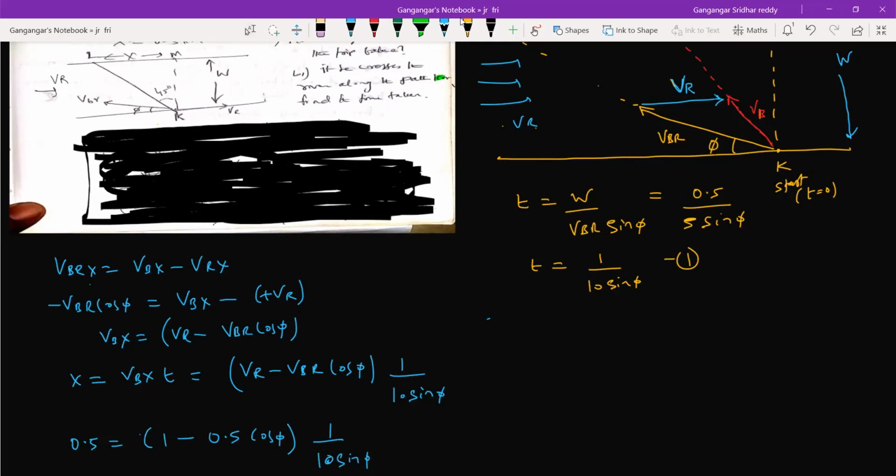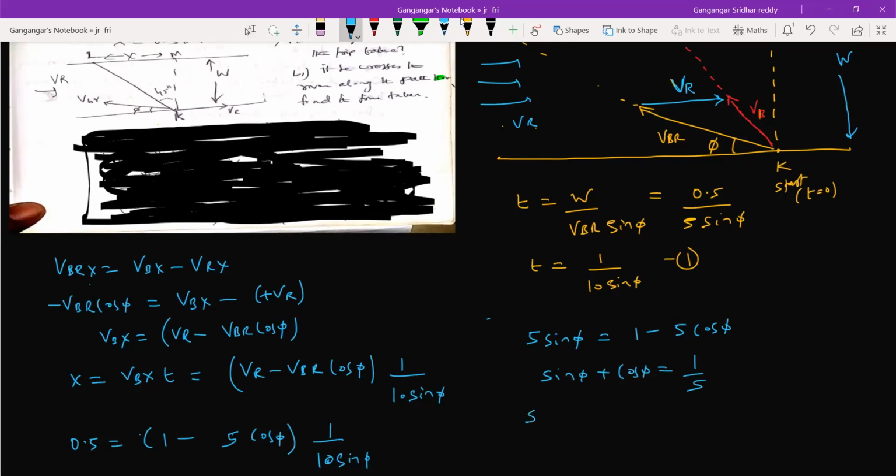Sir, VBR is 5. Okay, 10 into 0.5, this will become 5 sin phi is equal to 1 minus 5 cos phi. So sin phi plus cos phi equal to 1 by 5.